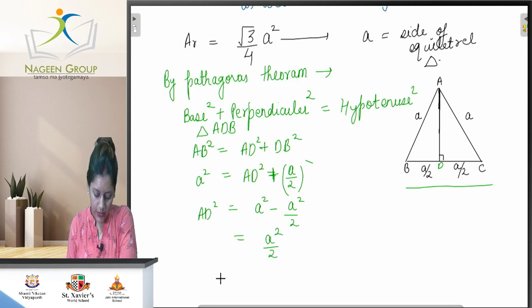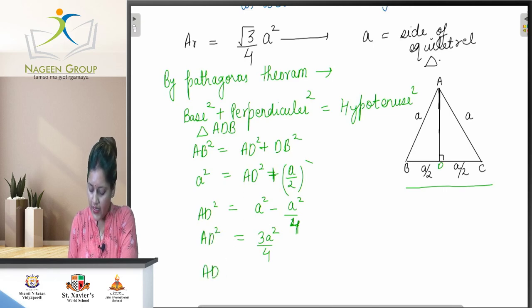Then what have we got? This becomes 4, so it becomes 3a square upon 4, which is AD square.